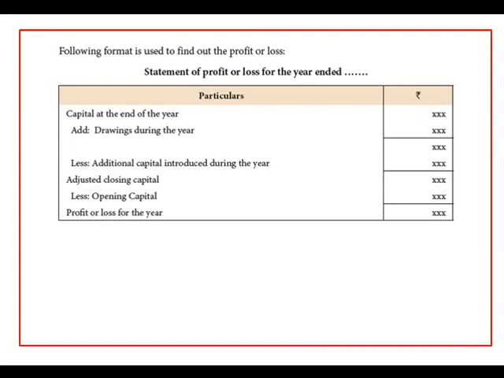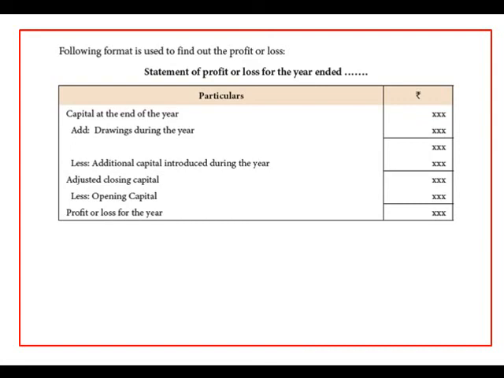If he withdraws some money, that is considered as drawings, and it will be deducted from the opening capital. And if he introduces some money, that will be added to the opening capital. And at the end, with the adjusted capital, we will add profit, and it will be refunded to the proprietor as closing capital.